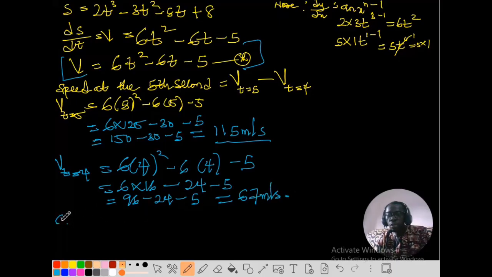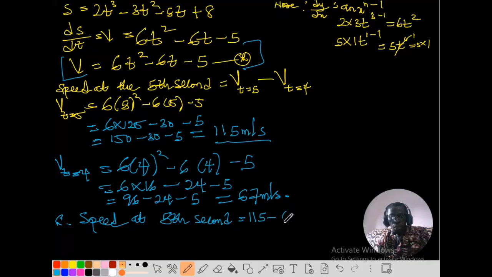Therefore, the speed at the fifth second is going to be v of 5, which is 115, minus 67, and that will give 48 meters per second.